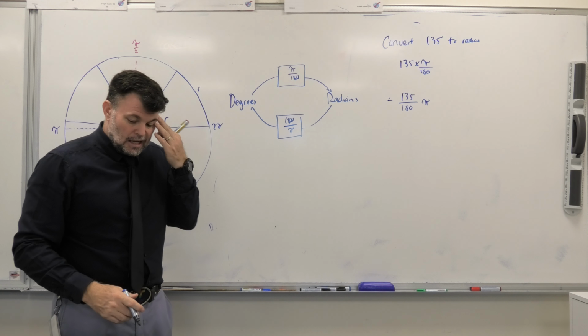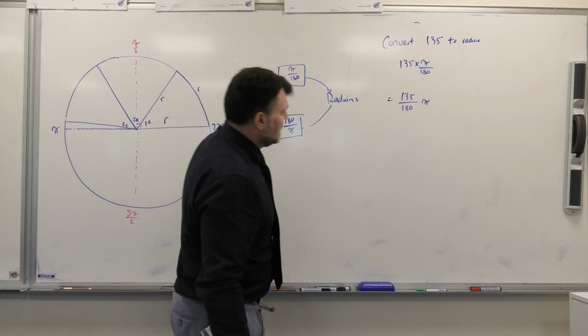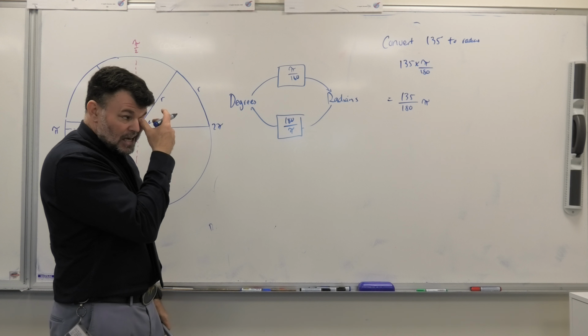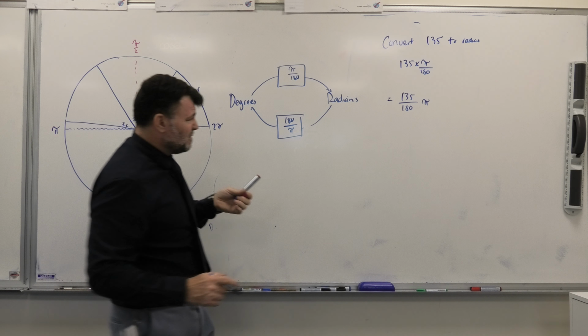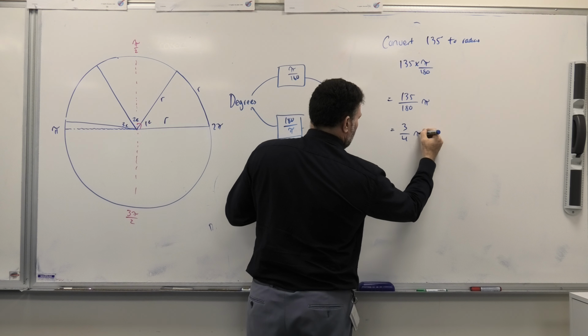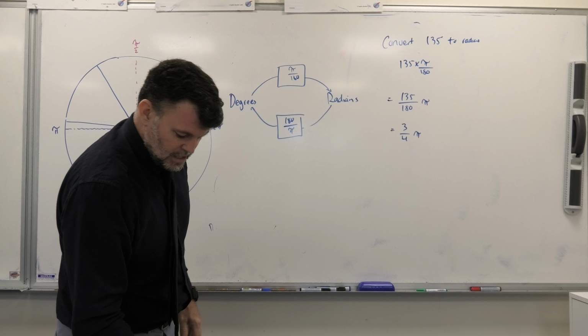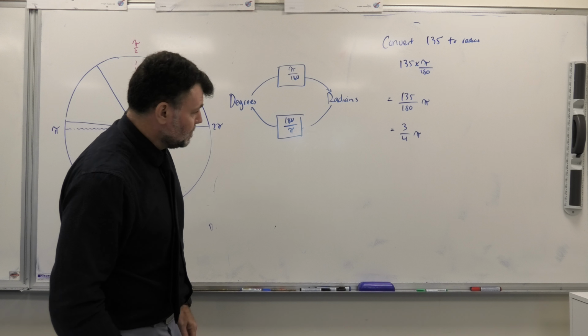So if we look at this here, we're going to ask ourselves, well, what can I simplify into 135 and 180? So if we think about this here, let's get 45s, we get 3 over 4 pi. So let's just quickly check. 135, yeah, 45 works.